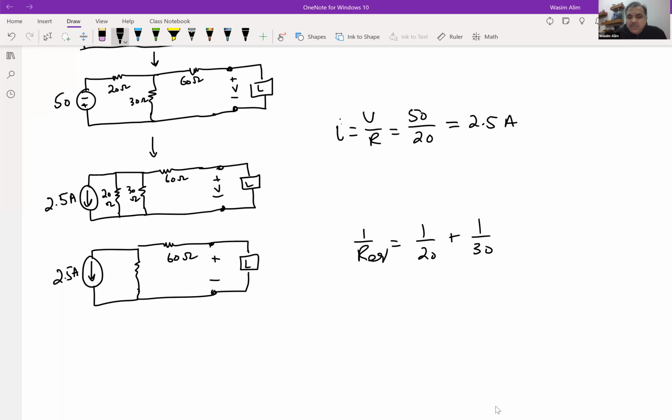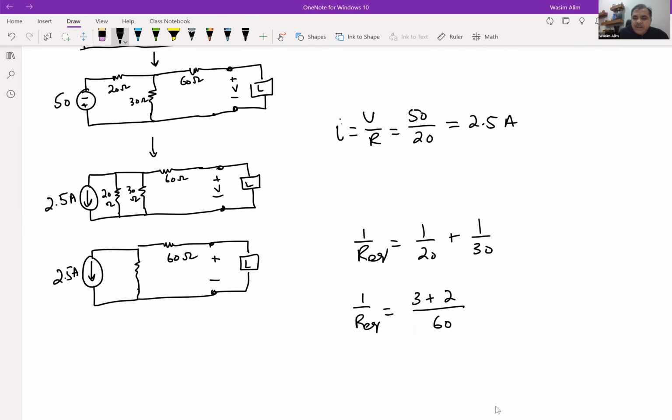If I do the common denominator, 60 is the common denominator here, which is divisible by both. That's the smallest value that is divisible equally by both denominators. So 3 times 20 is 60, plus 2 times 30 is 60.